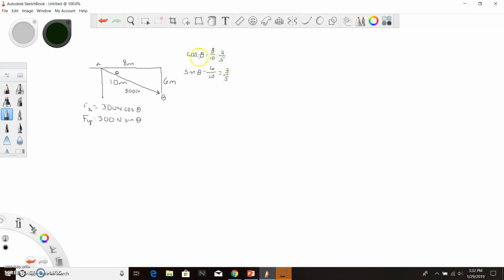So what I can do is substitute in for cosine theta and sine theta if I want to. If we go down here to the x component, this is going to equal 300 newtons times the cosine of theta, so times 4 over 5, and I'm going to end up with 240 newtons.